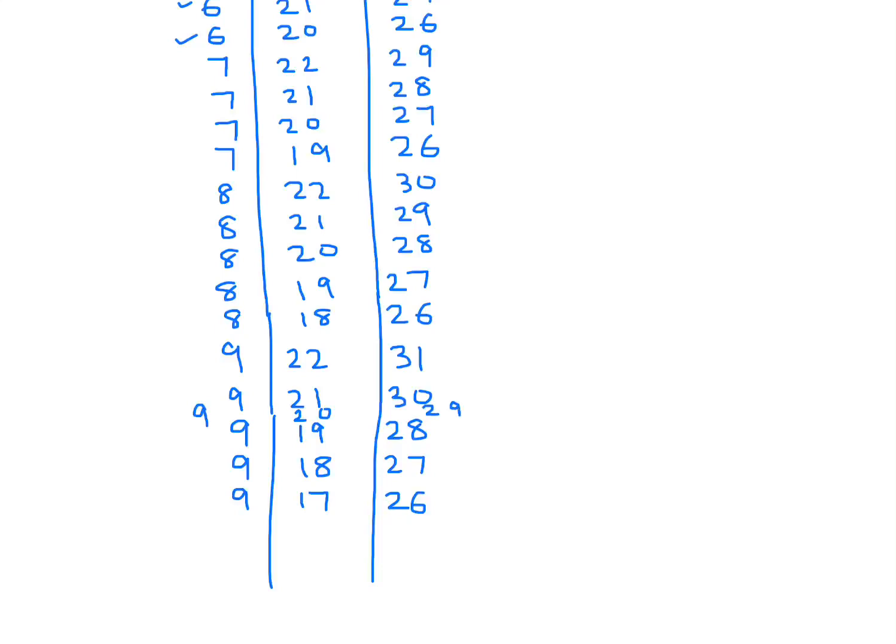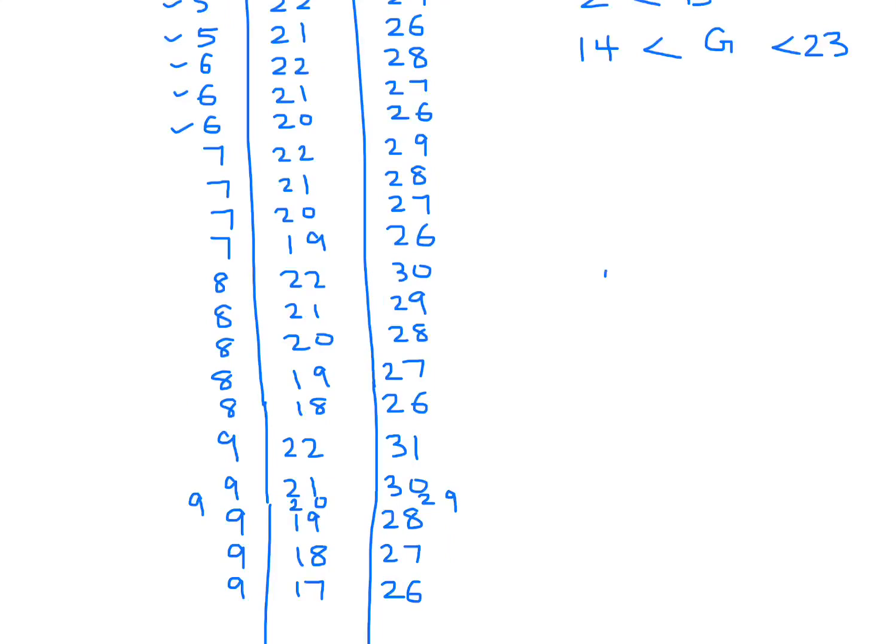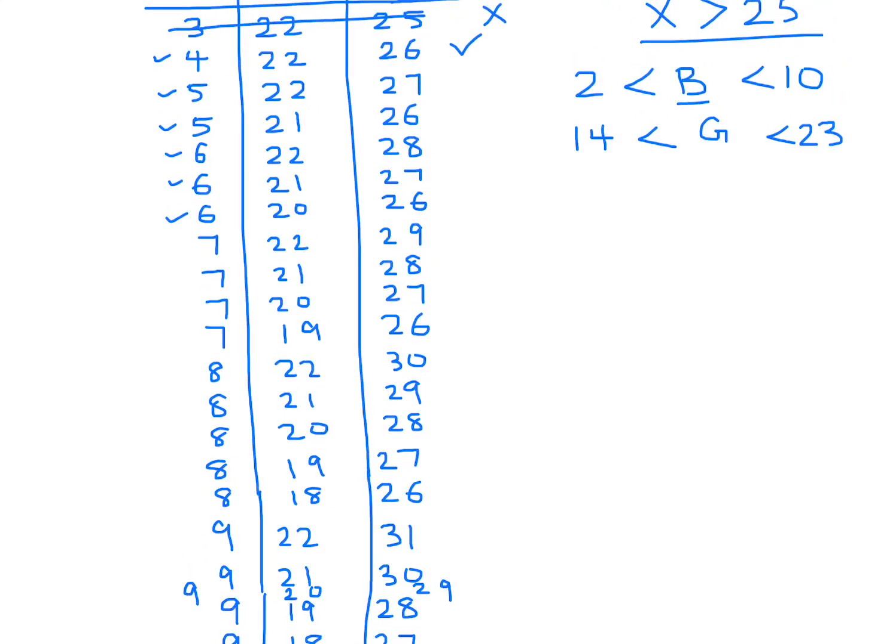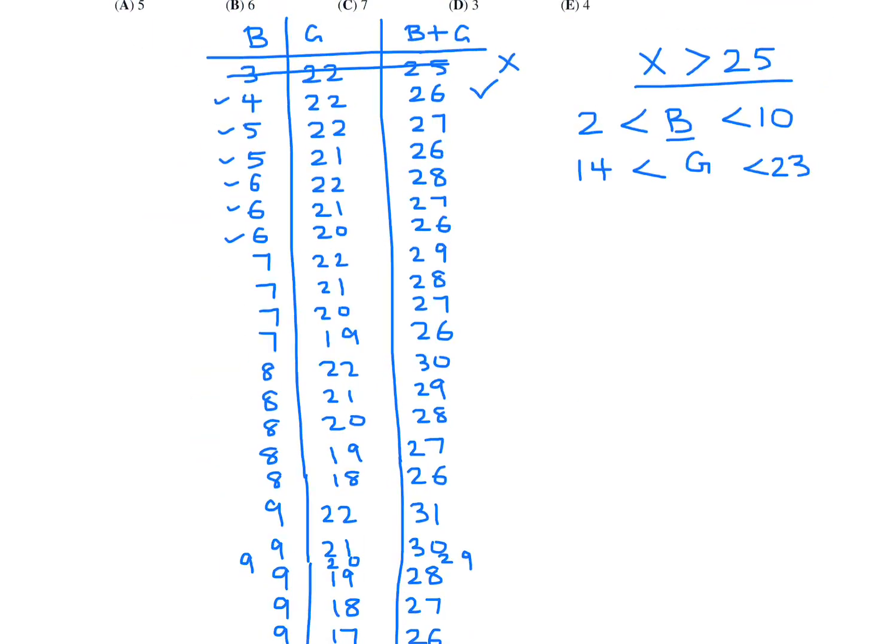That's 29. Okay? And at this point, that's it. You can't do any more. Why can't you do any more? Well, because B, the number of boys, has to be less than 10. It can't be 10. It can be only between 3 and 9, and we've exhausted all of those possibilities.